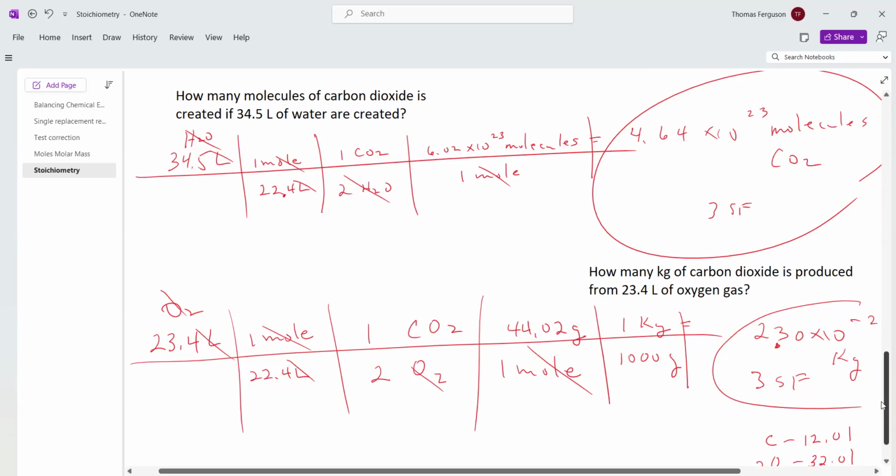In fact, what I think I should do is do that Friday, not today. What I want you to do is practice this between now and Friday, because limiting reactant problems have 3 of these plus a subtraction problem per problem. So you need to understand this first really well. If I do this now, it potentially could confuse you.